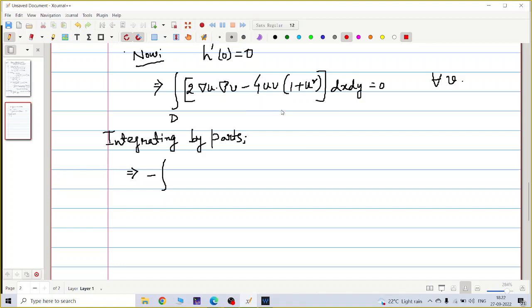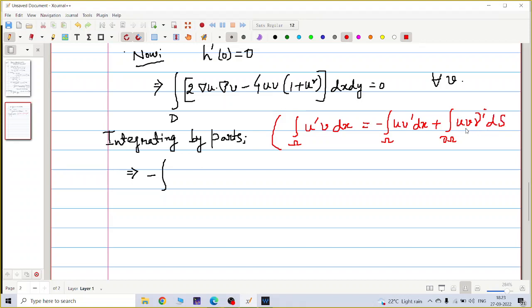So integration by parts means, suppose u and v are two continuously differentiable functions, say first order derivative exists and is continuous, then the integral over any omega of u' into v dx, taking first a single variable, is equal to minus the integral over omega of u v' dx plus the integral over the boundary of u v into the outer normal vector mu_i into dS.